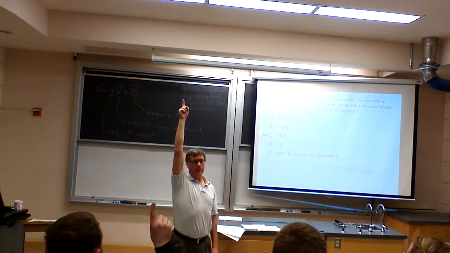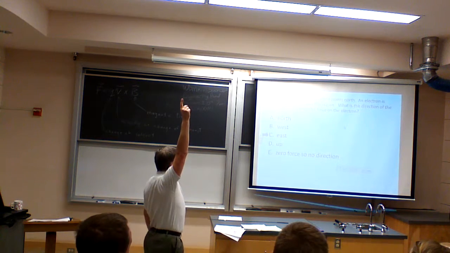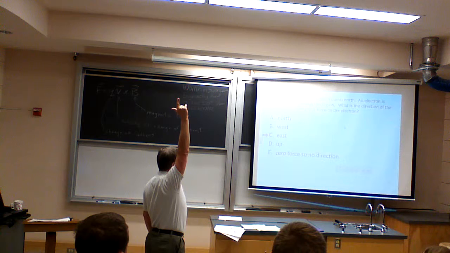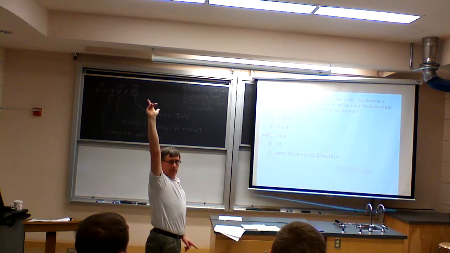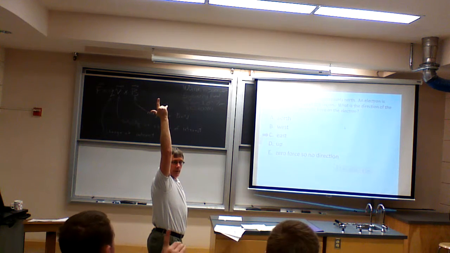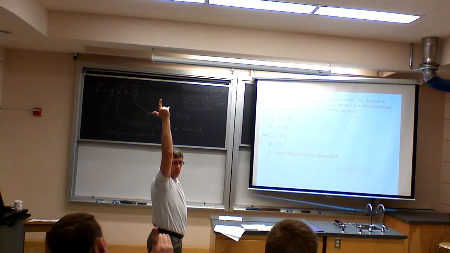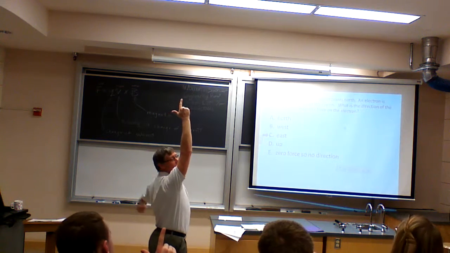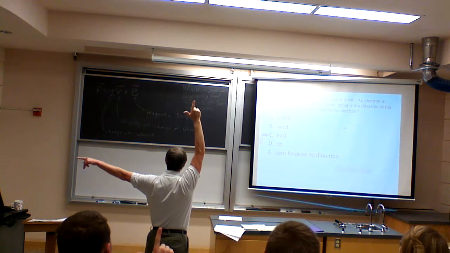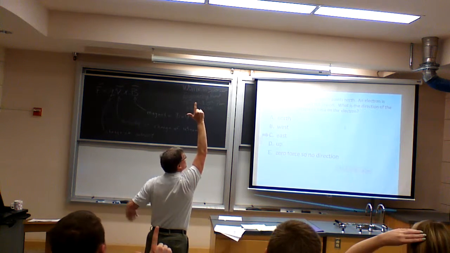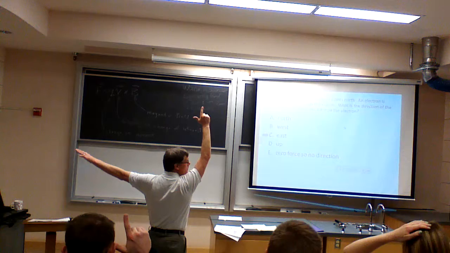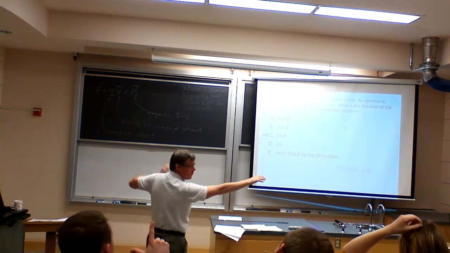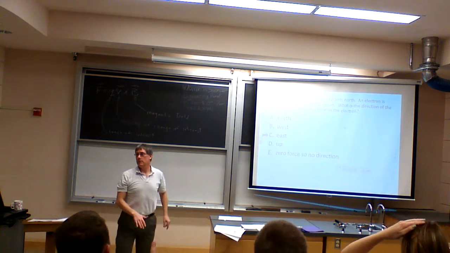That's up. Then you take the rest of your fingers, put them at a 90-degree angle, and point them to the direction of the magnetic field, which is to the north. And which direction does your thumb point? It points that way. So if this were a positive charge moving up, then the force would be to the west. But it's negative, so the force is in the opposite direction, to the east.